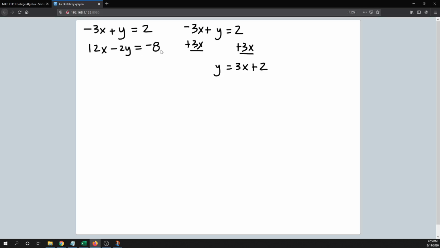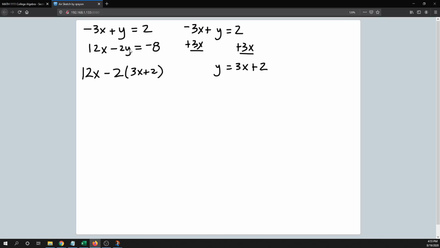Now what I am going to do is substitute that into the other equation, the one that I didn't pick, in place of the variable y. Because there is a number other than 1 out here, I'll make sure that I put that in parentheses, like so.